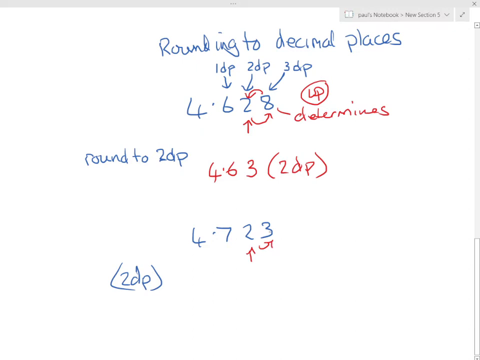It's less than 5, so we can ignore it, and we can go down to 4.72, and we would just lose that. Now you don't put a 0 in there unless it's very peculiar circumstances. You would just throw it away because it's a 0 after a decimal point, so you wouldn't normally put it.